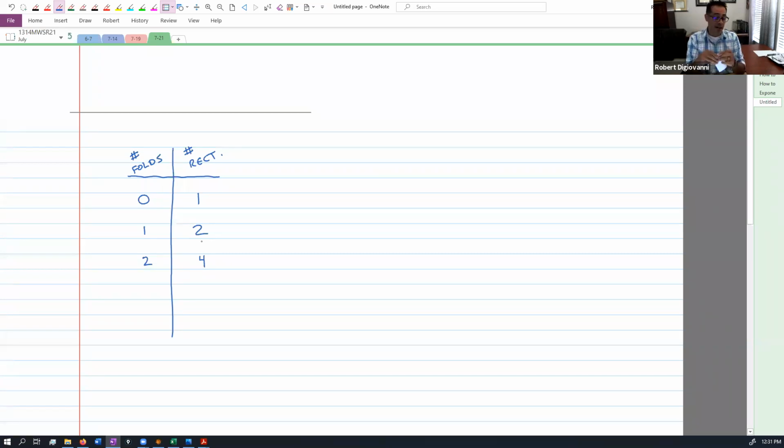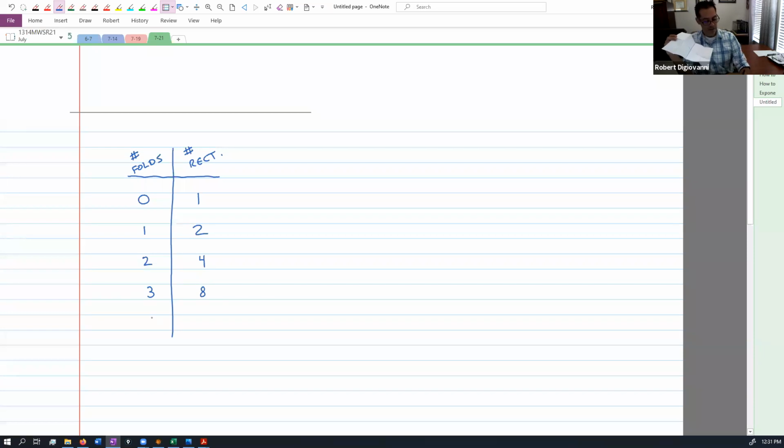When I open this up, how many will there be? Let's see. We have 4 across the top, 4 across the bottom. So now we have 8. So 3 folds gave me 8.